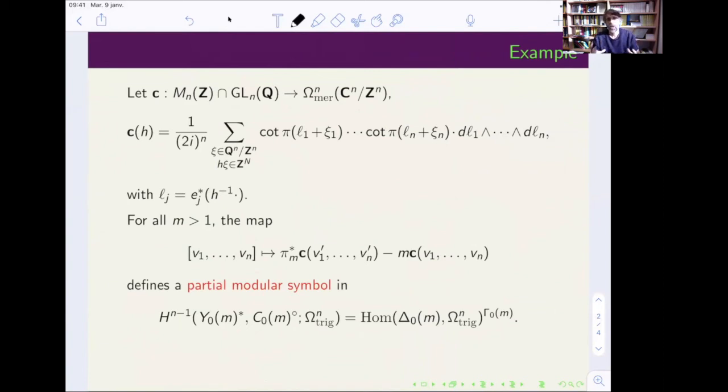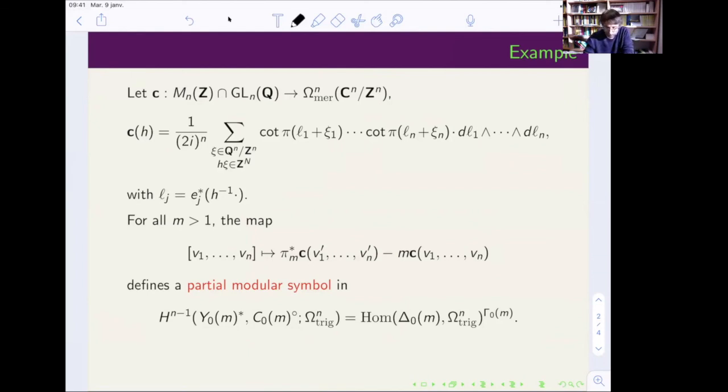Then the building block: if you have n vectors, or just a matrix with integral coordinates, that I denote H here, let's say that it's invertible in Q, then we can associate a product of cotangent functions. For example, if the matrix were in SL_n(Z), then it will really be just a product of cotangent functions, this C of H. And now from this, I build a map.